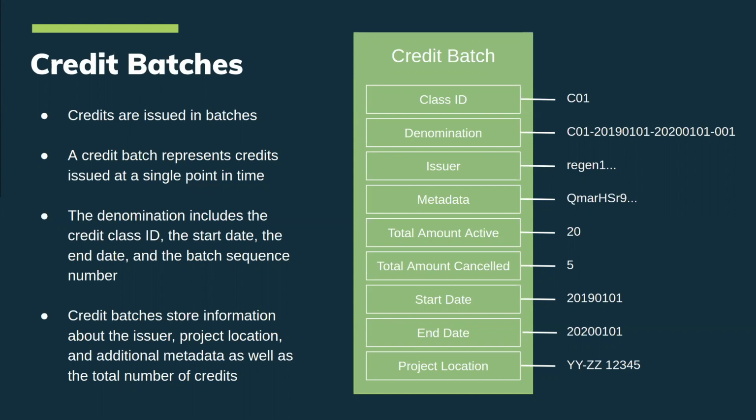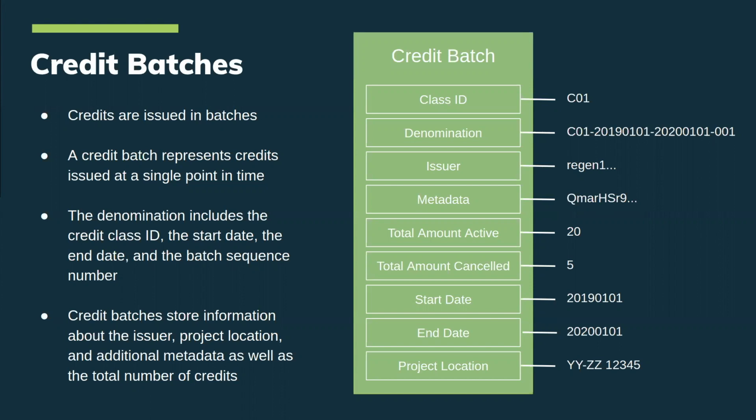The denomination is essentially the token denomination, but a credit denomination in this case, where it's constructed using the class ID, as well as the start and end date, or the vintage, the period in which the ecosystem service was monitored and measured. And it includes a sequence number at the end of it, which is the sequence number for this batch.